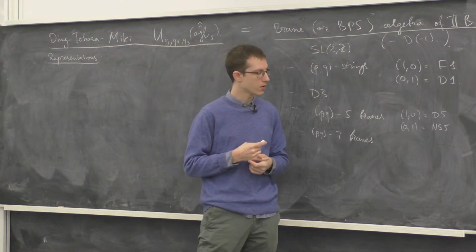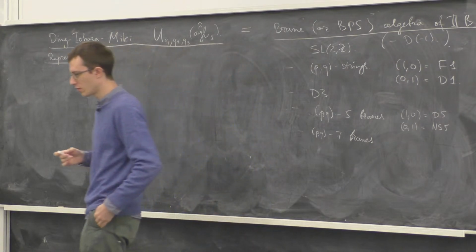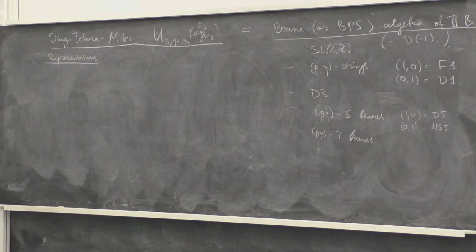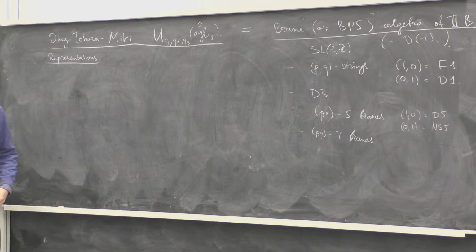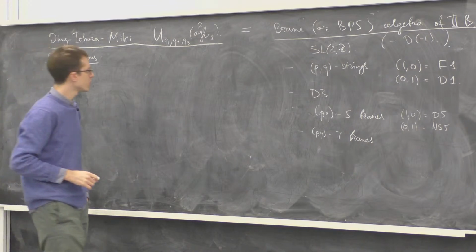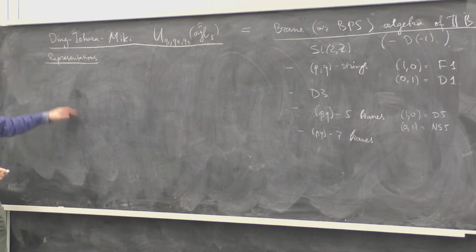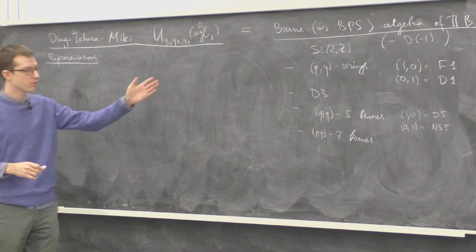So I'm not sure I can give a universal definition. It may exist, but I don't know. Unfortunately, my understanding of string theory is rudimentary. But anyway, the claim is that there are representations corresponding to the right-hand side.